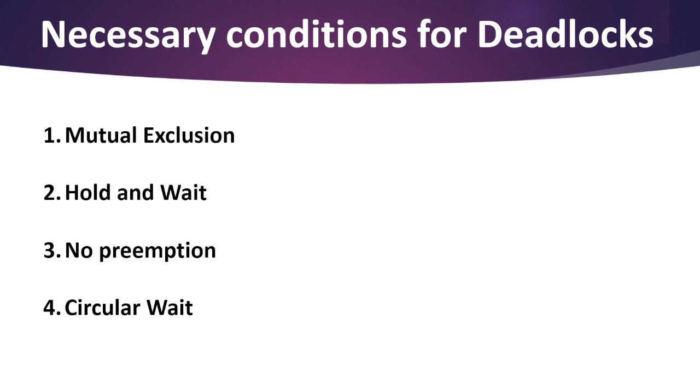mutual exclusion. Mutual exclusion, in simple terms we can say it as non-shareable. Non-shareable situation. That means only one process can use a resource at any given time. That is, the resource is non-shareable here.